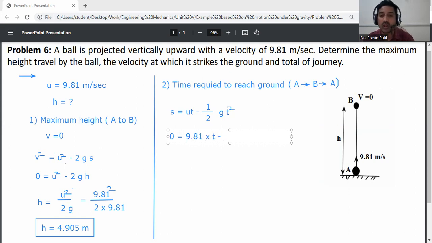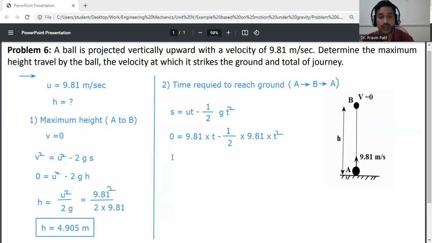Then minus one half g t square, where g is 9.81. Just calculate t from this equation.